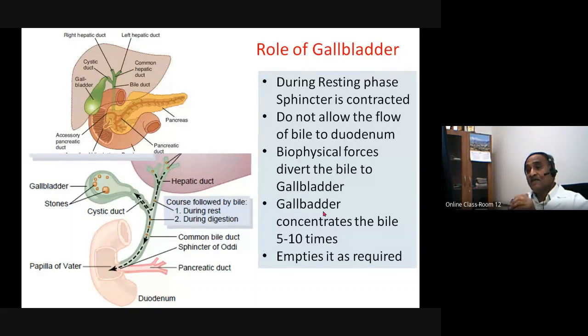And then it will get emptied as required. So that is the function of the gallbladder. It holds the bile at a resting period, concentrates it, and empties it as required. The concentration may be 5 to 10 times.